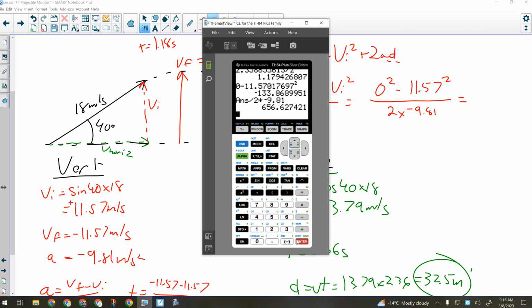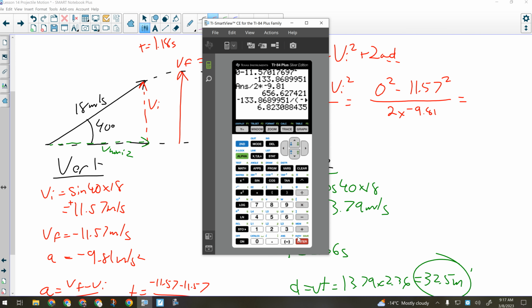And I didn't do that right, I forgot to bracket that. Man, oh man, it's a struggle today. Okay, so it would reach a maximum height of 6.8 meters if I did it that way.